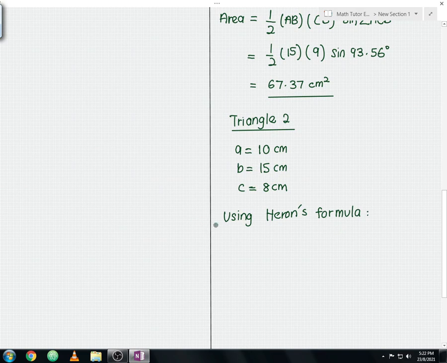the S is actually equal to A plus B plus C, and then you divide by 2. So from here it will be 10 plus 15 plus 8, and you divide by 2. So let me divide by 2 now.